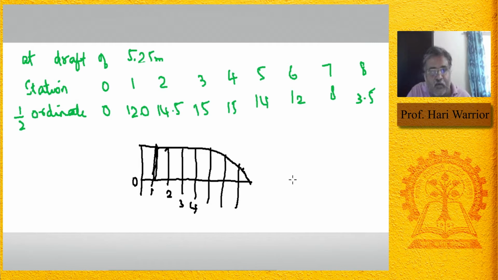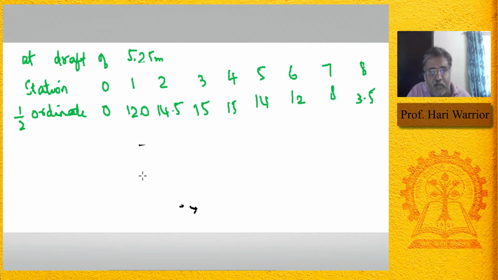You can look at the half ordinate and tell what kind of ship it is. The water plane area is not like this. It's not a very large ship. It's most likely a small type of ship. Let me see if it's not given anyway. So the shape is looking like this.